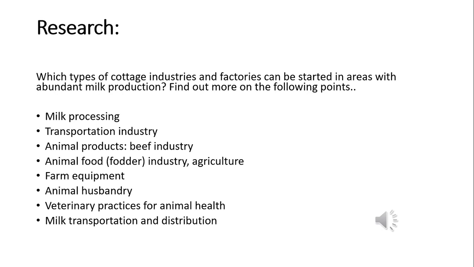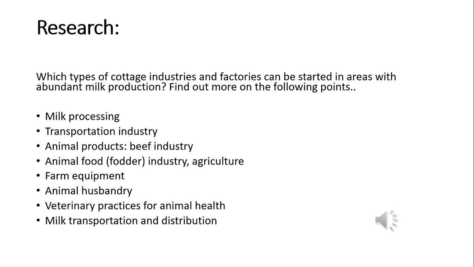The second point is the transportation industry. As milk and milk products need transporting from one part to the other, obviously where milk production is more, the transportation industry will grow.